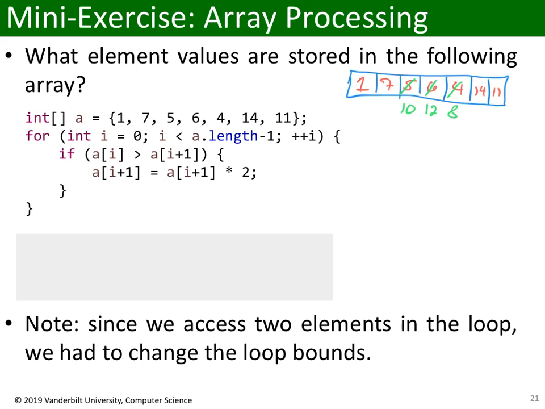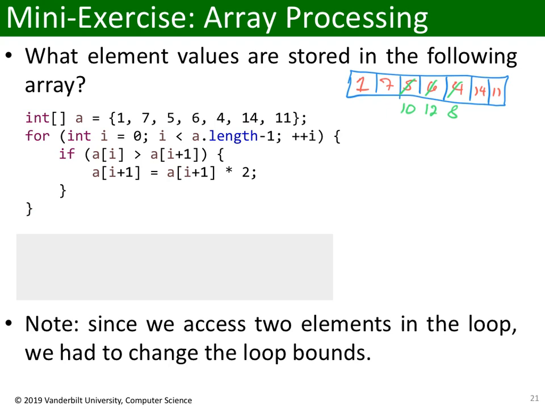When we're done, we update. So I becomes 4. Is 4 less than 6? Yes. Is element 4 greater than element 5? Element 4 is 8. Element 5 is 14. No. So we don't do the statements. We're at the end of the for loop. Update.